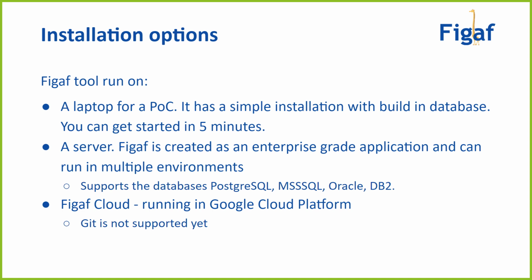Obviously, in a real-life scenario, you want to run it on an enterprise grade server, on a real database, possibly in Cloud Foundry or in your Azure environment, whatever makes most sense for you. We also have a cloud instance running if you are just using it for PI and CPI. The Git is not really supported there, or has some challenges there.